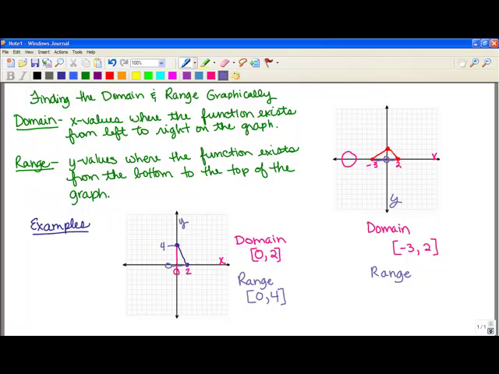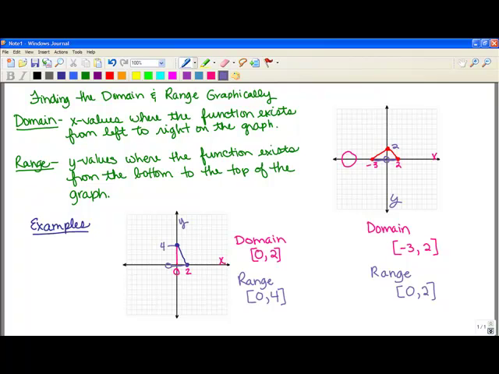The function continues up, and the highest point that it goes up to is at the value 2. So the range is from 0 to 2. Those are the y values where the function exists. All the values from 0 up to 2.